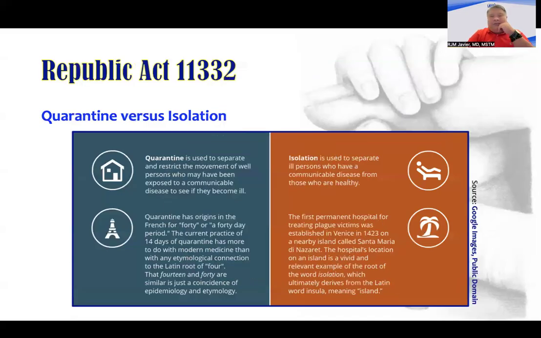So I wanted to differentiate quarantine and isolation. To summarize, both quarantine and isolation refer to restrictive movement of people.